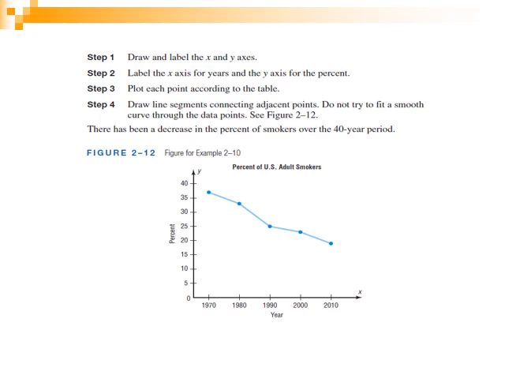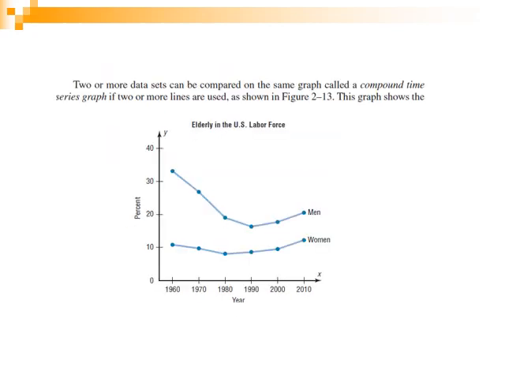So 1970 we plot here, and so on up to 2010. And then we use a ruler to get the chart like this. Here we can compare more than two time series. If two or more data sets need to be compared, we can use a compound time series graph.